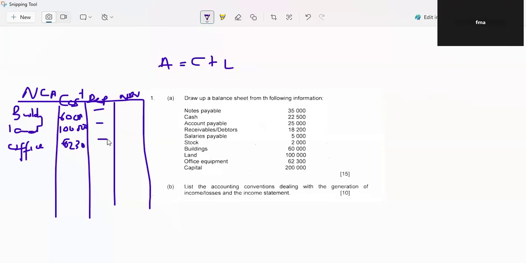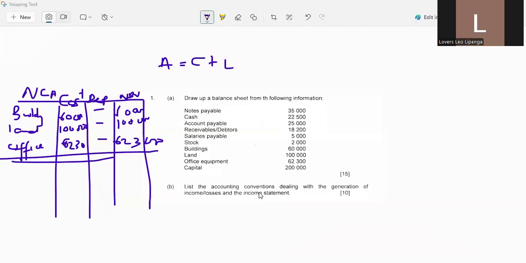There's no depreciation for each of them, so still 60,000, 100,000, 62,300. What do we have as our total fixed assets? 60, 100, 122, so it's 222,300.